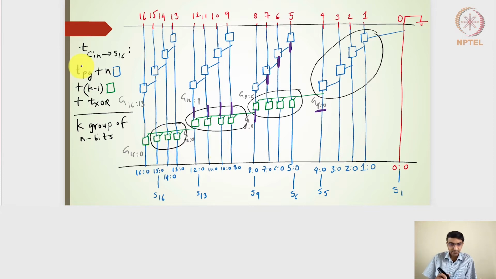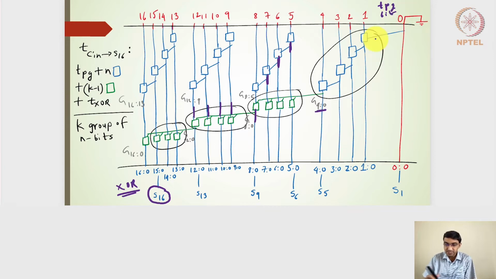To find out the delay, we need to find out how much time it takes to generate the 16th sum bit, S16, starting from the first stage. The first stage will have the TPG, the bitwise delay. In the last stage, for the sum bit, we will have an XOR gate, so the delay from the XOR gate and the bitwise TPG delay will be there.